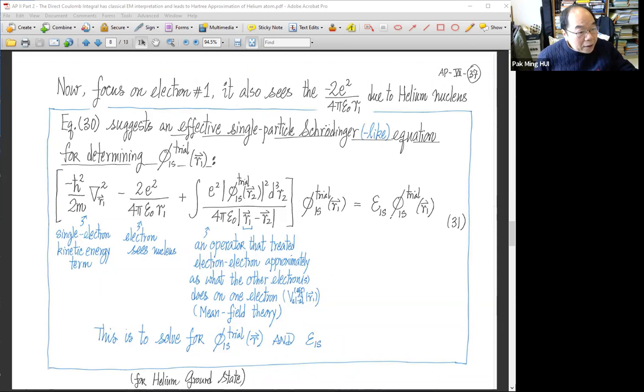Let me see. There's another question to me. So we assume all electrons behave separately, interacting only via the effective potential. That was the question. Mr. Chen, yes, at this point, we are making such an approximation, okay?